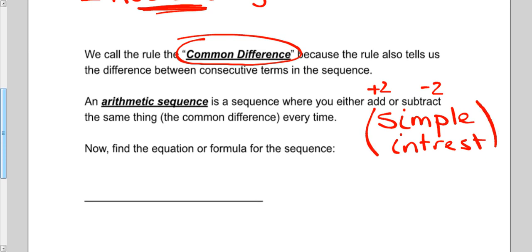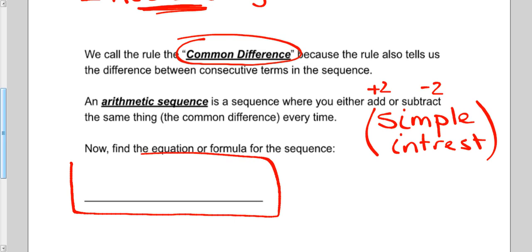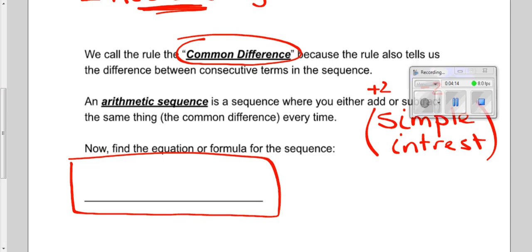Okay, when you go to a bank and you see simple interest, you're adding or subtracting the same thing every time. Okay? And then here, I want you to write your equation or formula for that sequence.